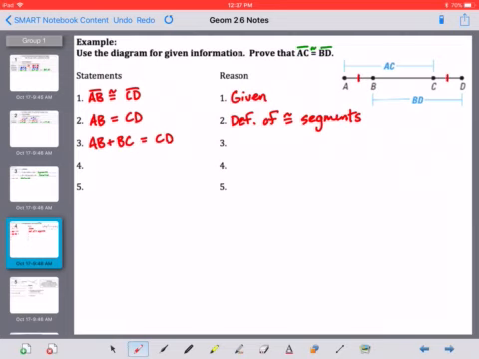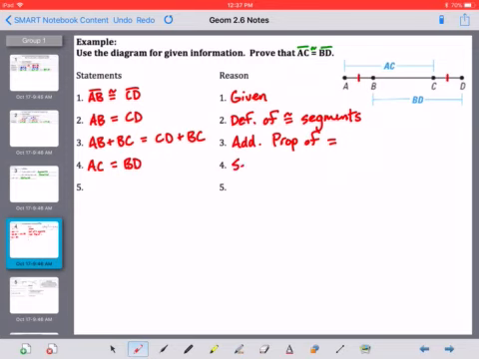Since those two segments share that part in the middle, the BC, let's add that to both sides using the addition property of equality. Well, AB plus BC is simply segment AC. So the length of AC equals CD plus BC, which is just the length of BD.